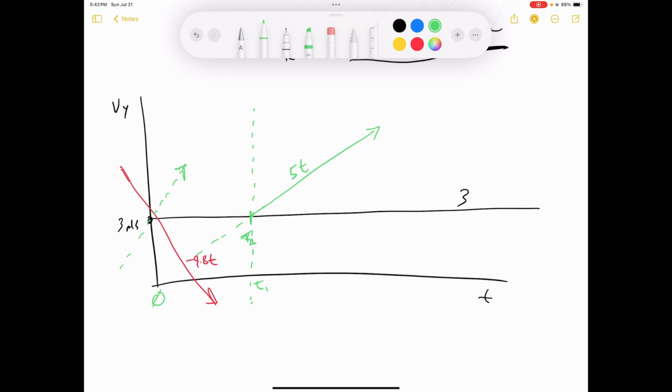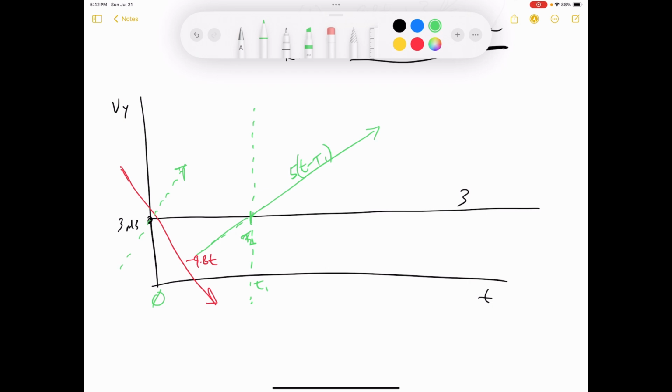But if you wanted this one over here, it would be 5 times t minus t1. When you subtract something, the subtraction causes the graph to move to the right. If it was positive, it would move to the left. So 5 times t minus t1 causes this function to start right here.